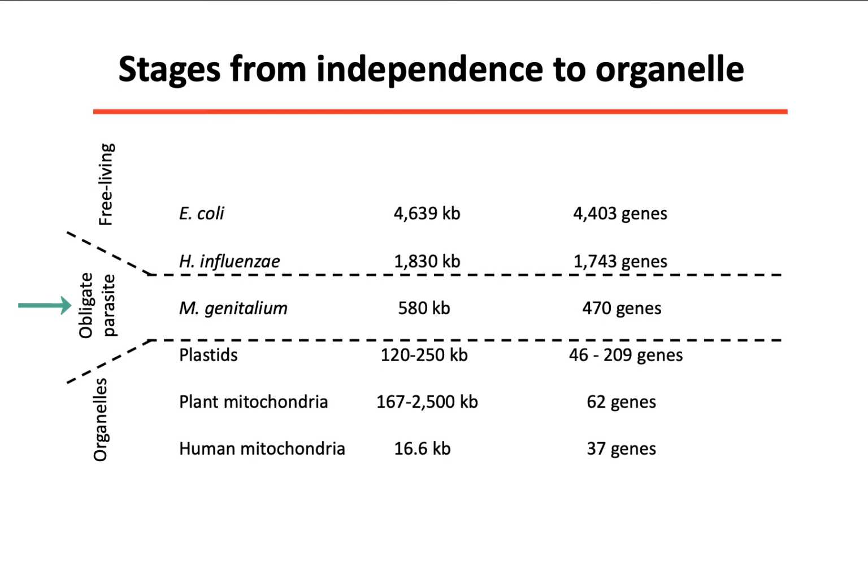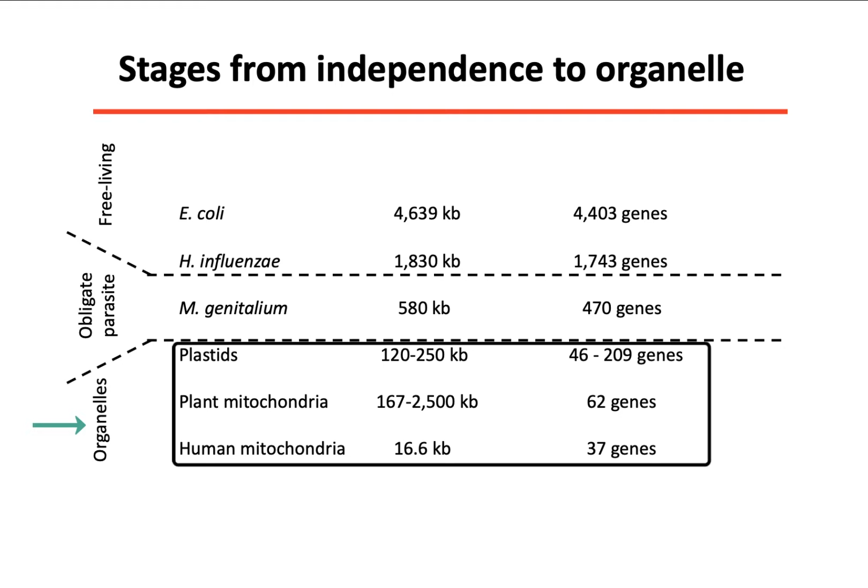If you examine the genome of an obligate parasite, such as Mycobacterium genitalium, it has lost quite a bit of its genome and a lot of its sequences, so it only has 500,000 base pairs of DNA in its genome and carries 470 genes. By the time you get to organelles, they have lost even more of their genomes.